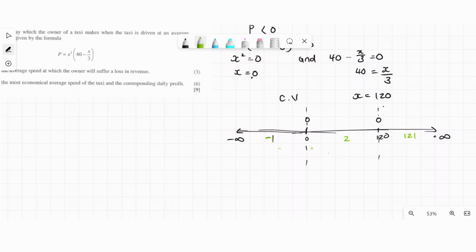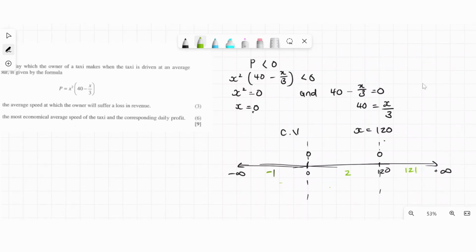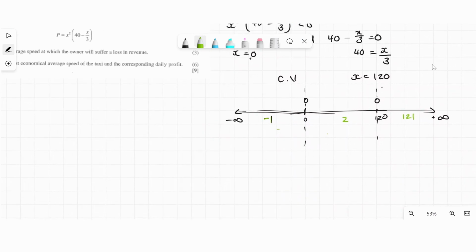Substitute those three numbers into which formula? Into this formula, into here. So let's do that. You're going to have negative 1 squared, open bracket, 40 minus negative 1 divided by 3, which gives you 121 divided by 3.